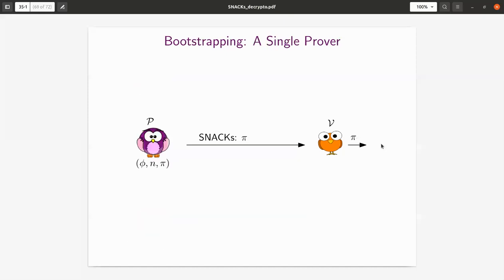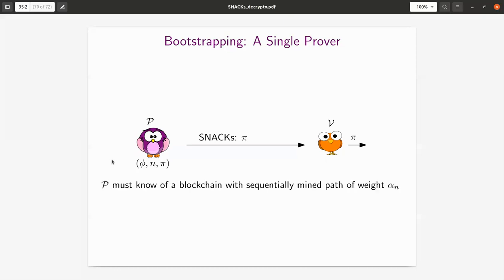The last slide says: if you have a single prover, what do we get? As I said before, we're not aware of any work that gives you any guarantees before. But what would happen in a scenario where you have a verifier and a prover, and you don't know whether this prover is honest or not? It has a chain and claims it's a chain of some length n, and this is a commitment to it. You look at it and you accept it if it's valid, and you reject it otherwise.